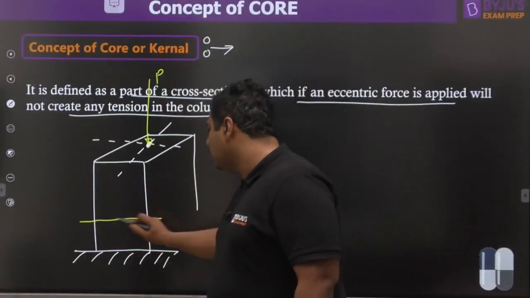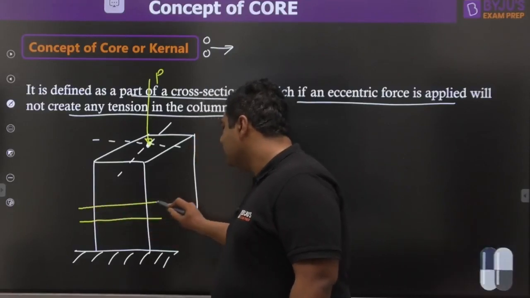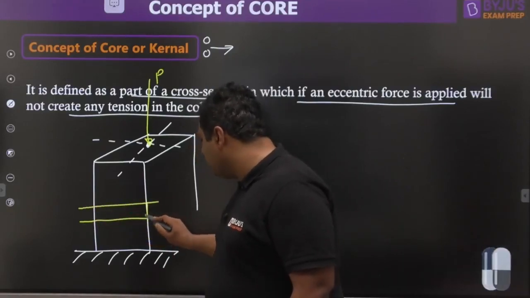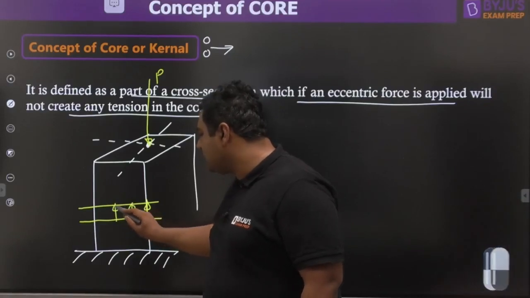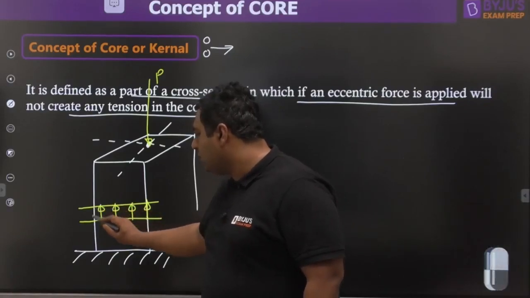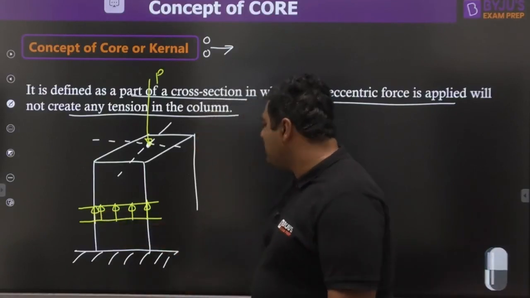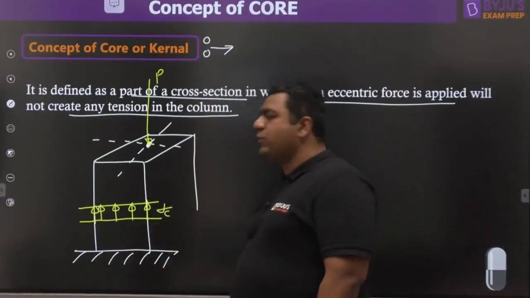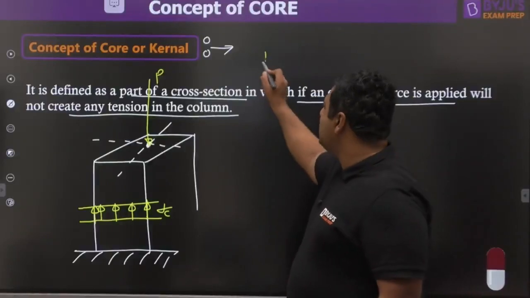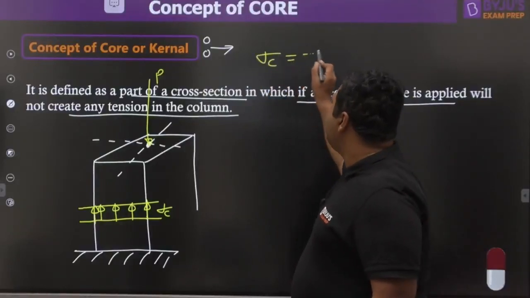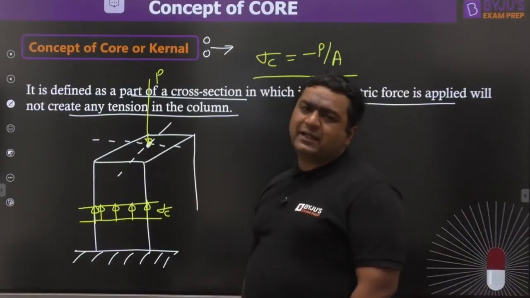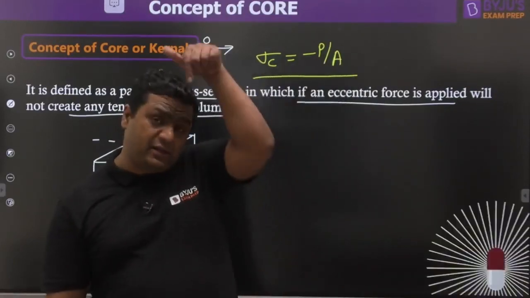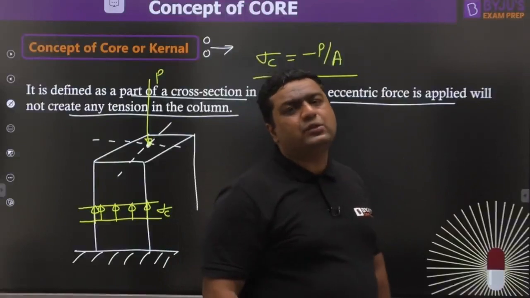The stresses because of this come directly compressive like this. So sigma C will be minus P by A.